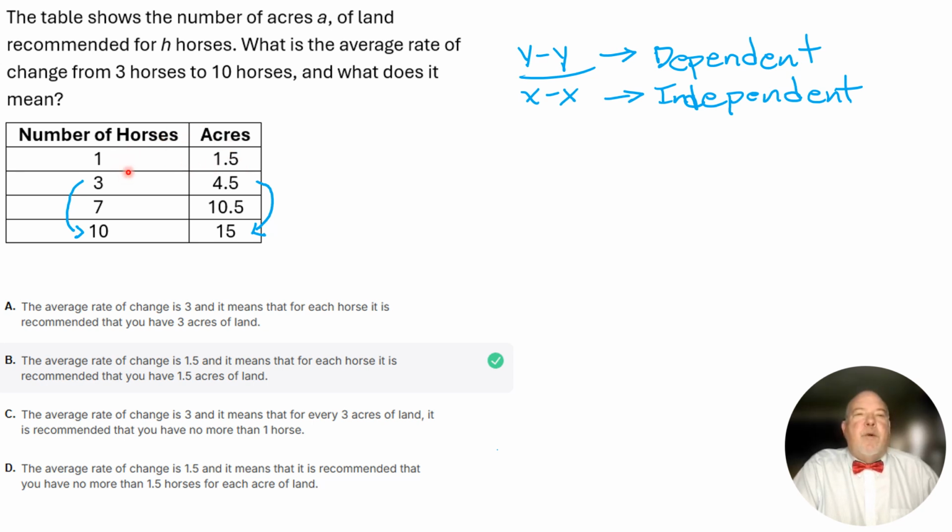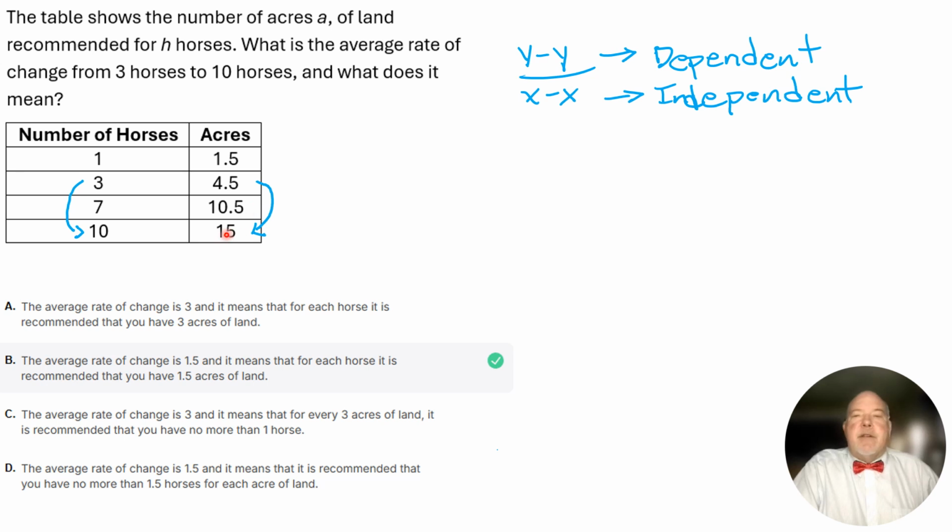So we have to figure out which of these is dependent upon the other. Is the number of horses that you have dependent upon the number of acres of land you have? Or is the number of acres of land you have dependent upon the number of horses? I've been thinking about this for a while, trying to figure out how best to explain which way this goes. And I think the easiest way is to say you could have 15 acres and not have 10 horses.